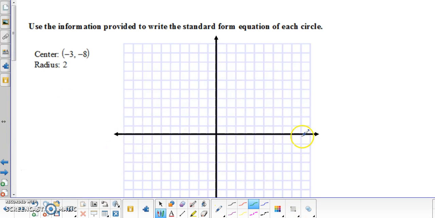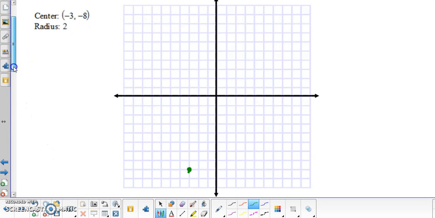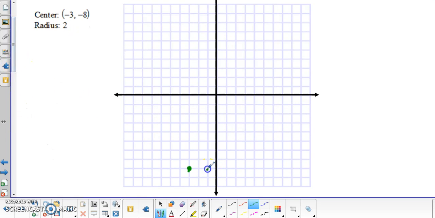All right, so right here we have our center is at 3, -8, or sorry, -3, -8. So we're going to go right here. We're going to go -3, 1, 2, 3, 4, 5, 6, 7, 8. So I'm right here. And this is saying that my radius is 2. So if I was to graph this, this is what I would have.